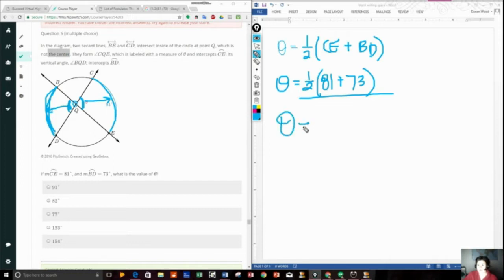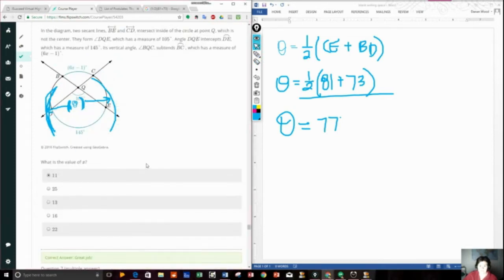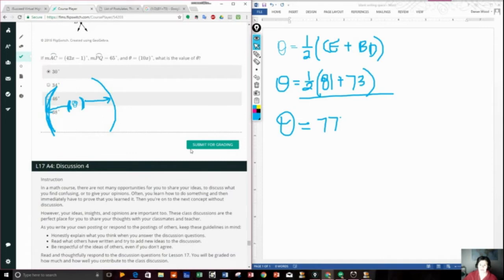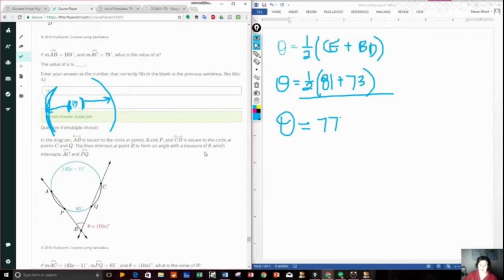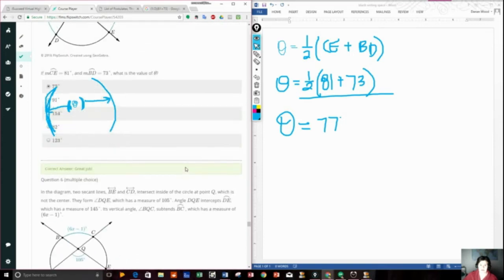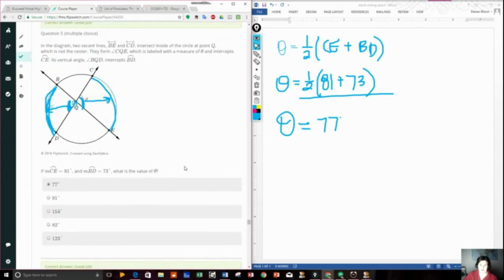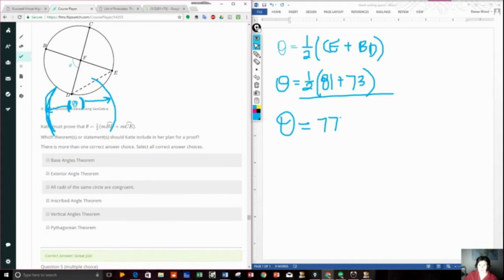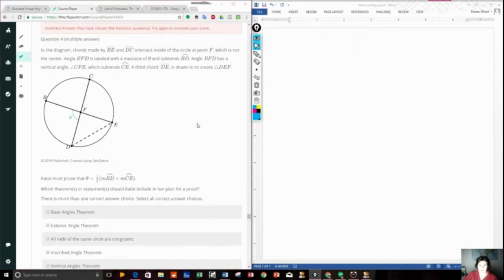So theta, the measure of our angle, is 77 degrees, which happens to be right there. Then we're going to check it before we move on, make sure we're not making a mistake, and great job. Alright, let's go on to angle 4.